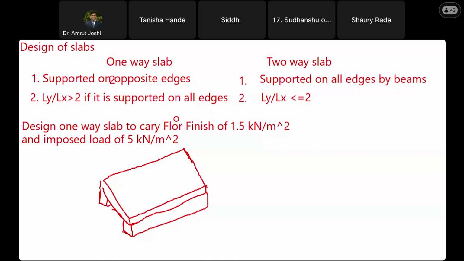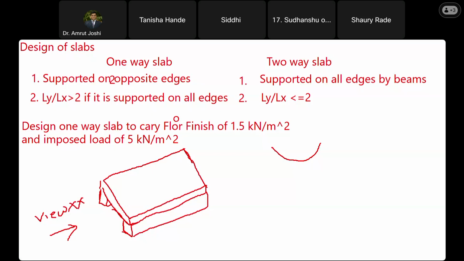Are you able to imagine this? Yes, sir. If I look from this side, any loading acting on the slab is going to bend it like this. I will call this view XX. Due to any load that acts on this slab, it bends in this fashion.